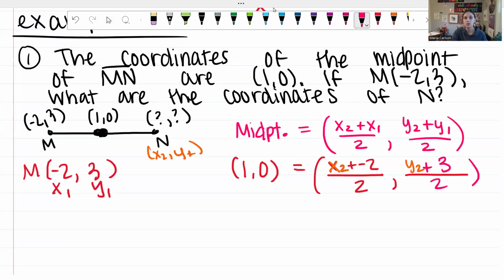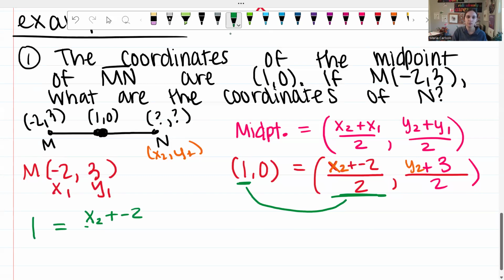All right, so I have a set of x values. I know that 1 was found by taking x2 plus -2 and dividing it by 2. So 1 equals x2 plus -2, divided by 2.